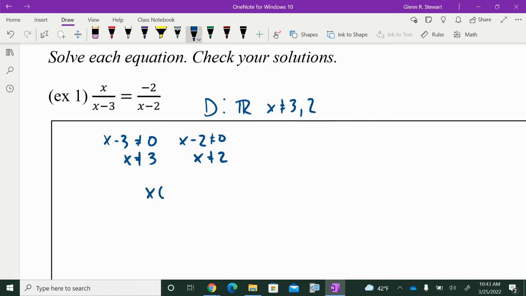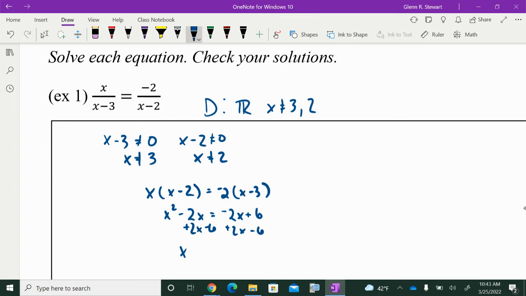So let's cross multiply. x times x minus 2 is equal to negative 2 times x minus 3. So x squared minus 2x is equal to negative 2x plus 6. I'm going to add 2x and subtract 6 from both sides. Again, the 2x terms will cancel, negative and positive, leaving x squared minus 6 equals 0.